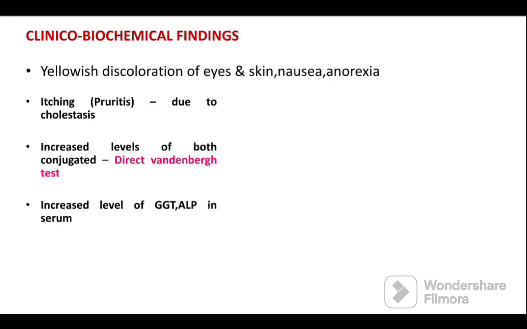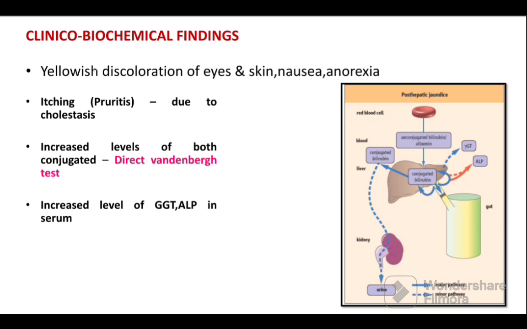Coming to the clinico-biochemical findings, there will be yellowish discoloration of eyes and skin, and in addition the patient also has nausea and anorexia. Because there will be complete obstruction, there will be cholestasis, which is the stagnation of the bile, and this cholestasis results in pruritus, which is nothing but itching.